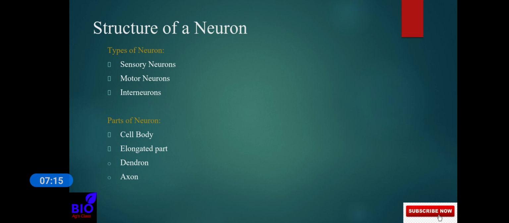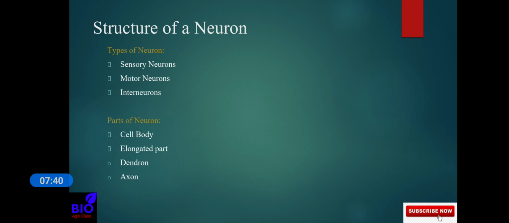Okay. So now come to the types of neuron. How many types of neuron are there? There are three types of neuron: sensory neurons, motor neurons, and interneurons. What are sensory neurons?